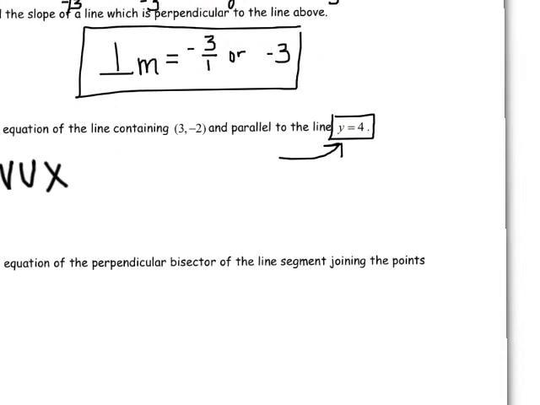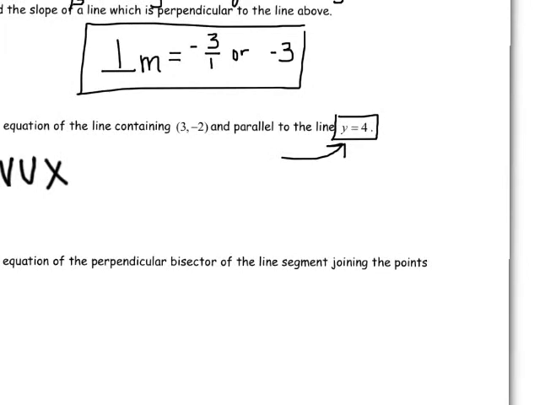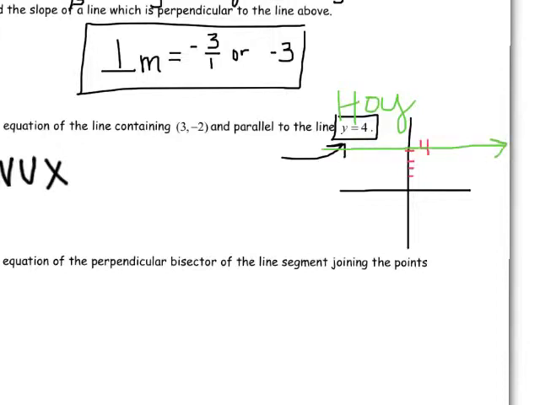But to answer the question, if I want to contain the point 3, -2 and be parallel to y equals 4, first of all, let's graph y equals 4. It's important that you can do that. So here's the y-axis, here's 4, and I know it's Hooy because it's a y equals equation. Y equals is the only letter. And so it's going to be a horizontal line on 4.